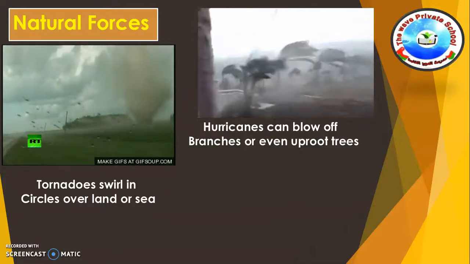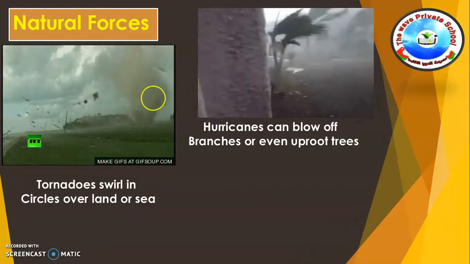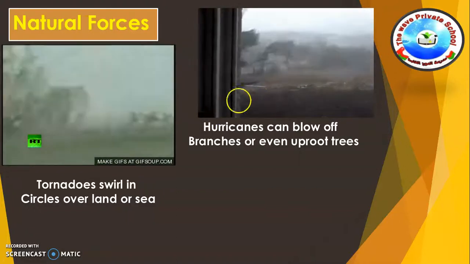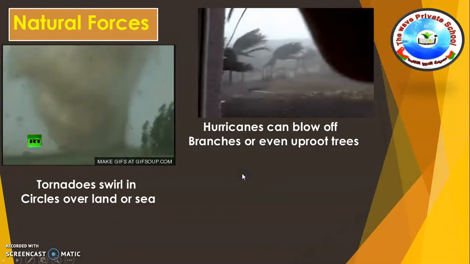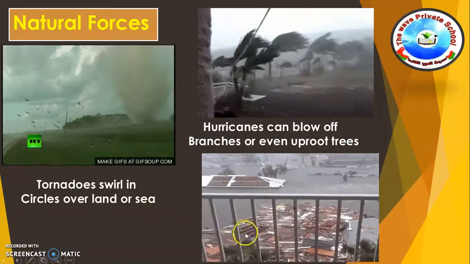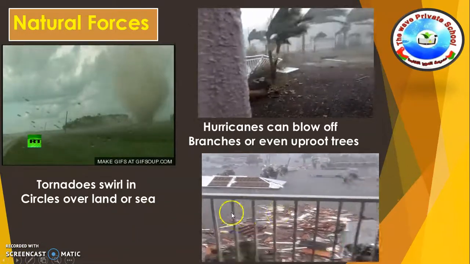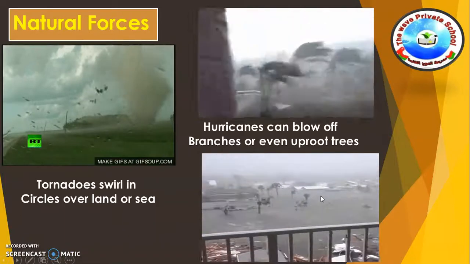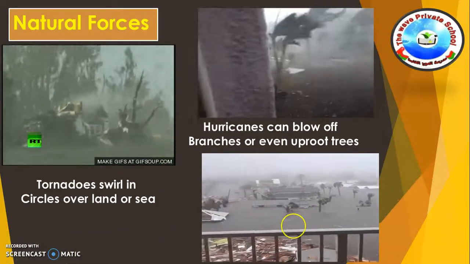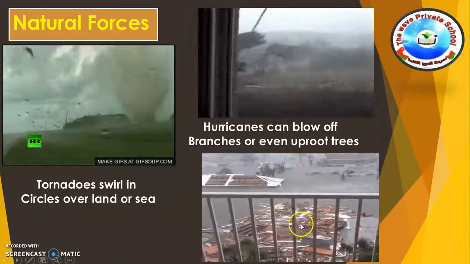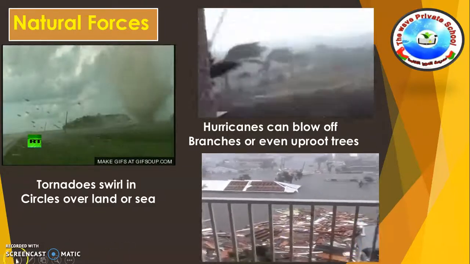Can't you believe that? This is faster than an F1 car, the racing car. And here, as you can see, this is what a place looks like after a hurricane.